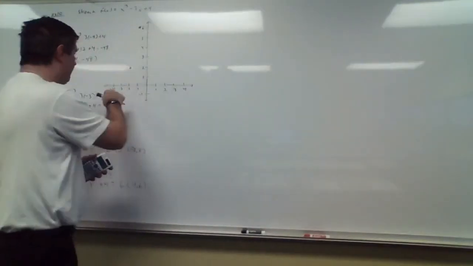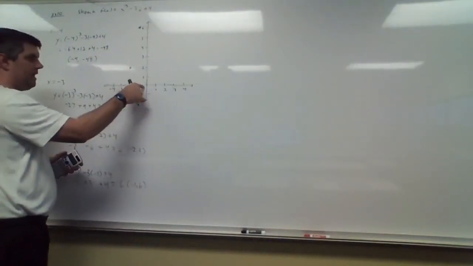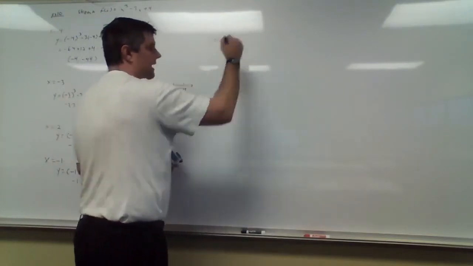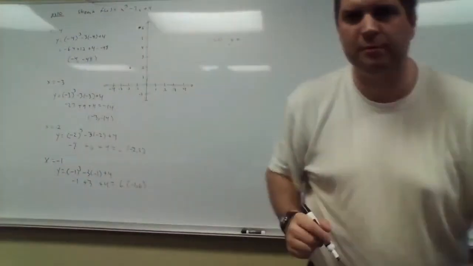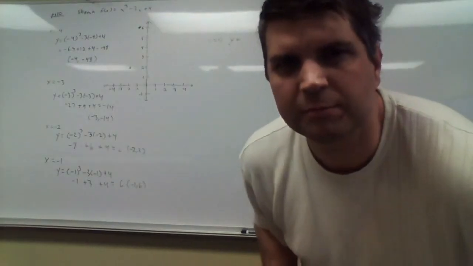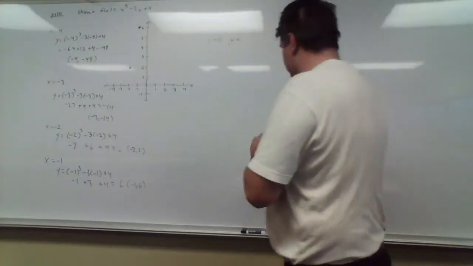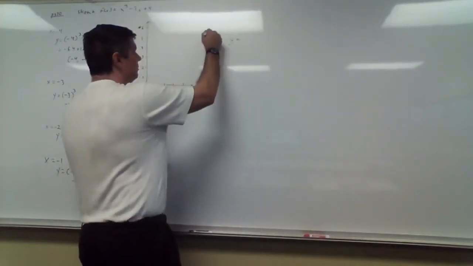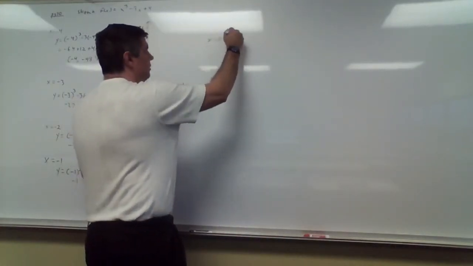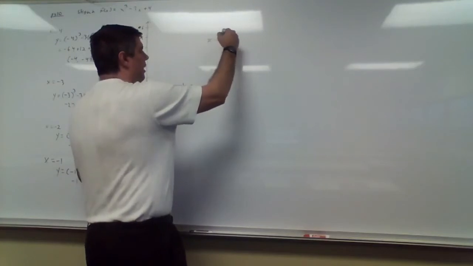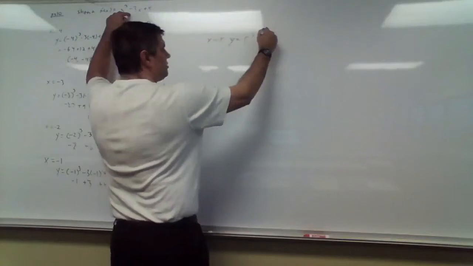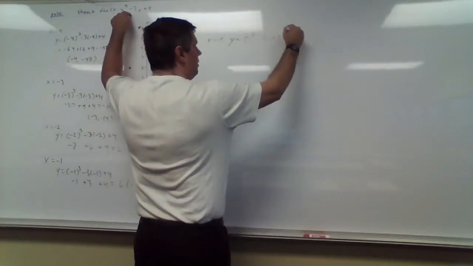Okay, so we did negative 4, negative 3, negative 2, negative 1. Now we'll do X equals 0. Y equals 0 cubed minus 3 times 0 plus 4.